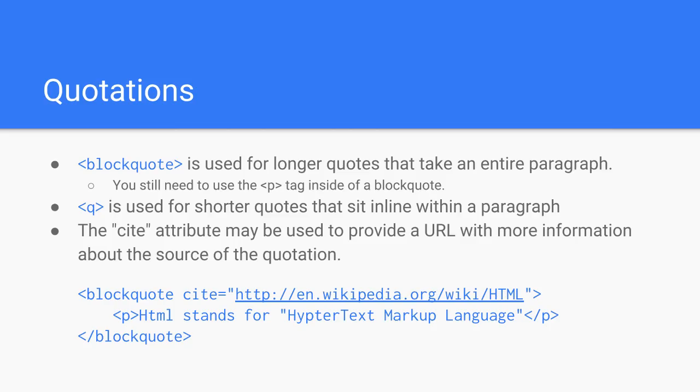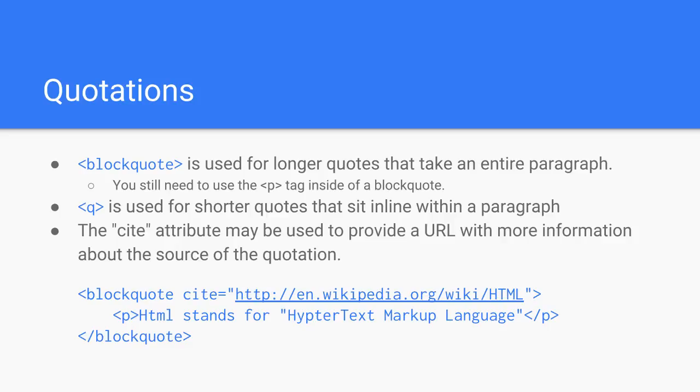Quotation, so we've got block quote for longer quotes that take an entire paragraph. So this is something where, think of your newspaper. You may have a block quote that's kind of inset in your newspaper that's a full paragraph quote that maybe is styled a little bit differently. It's smaller, has a different background color, something along those lines. So that's going to be a block quote.